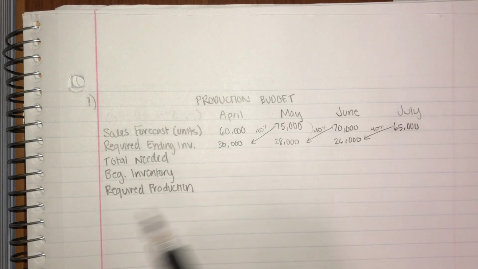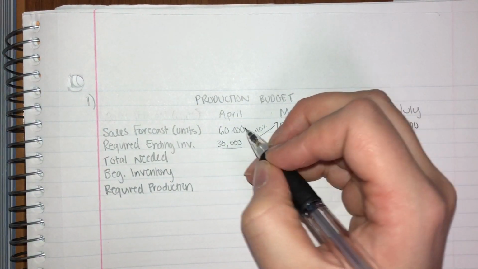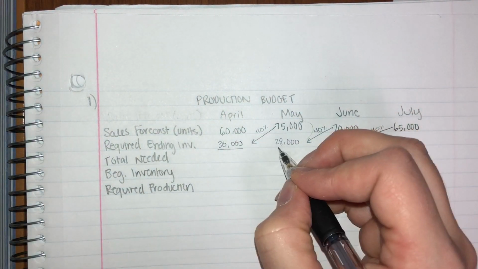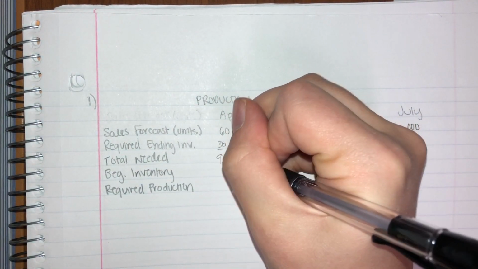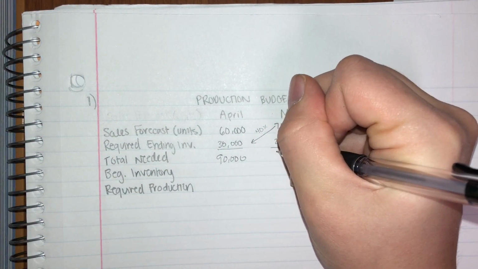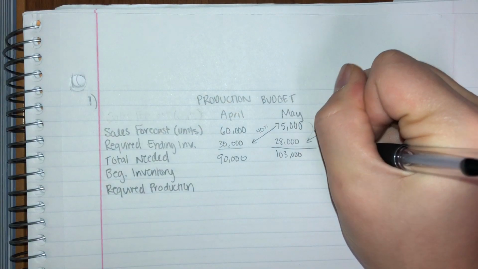So what do I do next? I have to actually add those two together, because that tells me what I need to do in the month, and then it tells me what they want me to do for the next month, so we're prepared. So those added together, we have 90,000. This number is 103,000, and then 96,000.